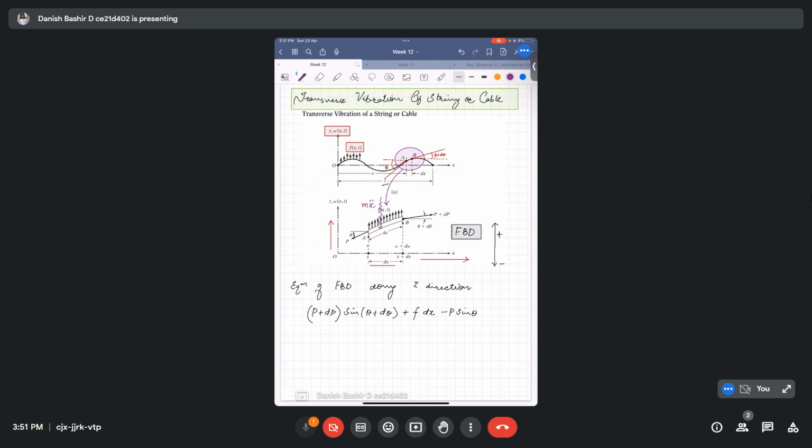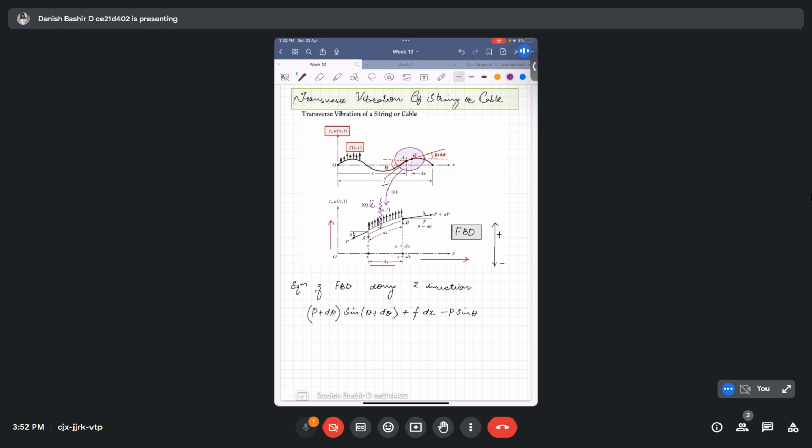But the mass is not known, so we will write mass in terms of linear mass density times the length of the string.